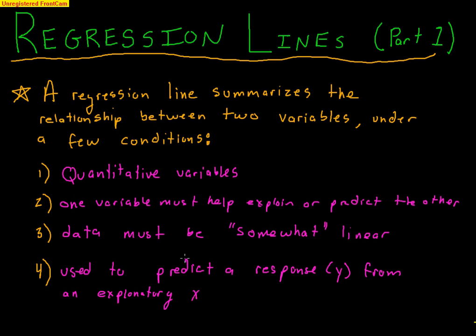So regression line can be used if you meet these 4 qualifications, conditions. Quantitative variable. One variable must be the explanatory. One must be the predictor. Data must be somewhat linear, and it's used to predict a response Y from an explanatory X.